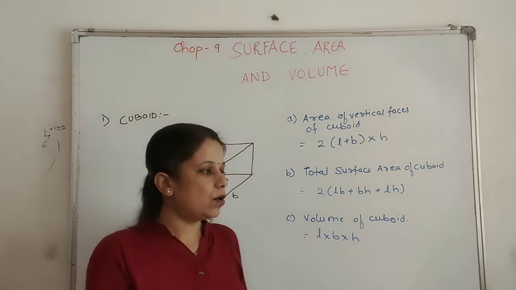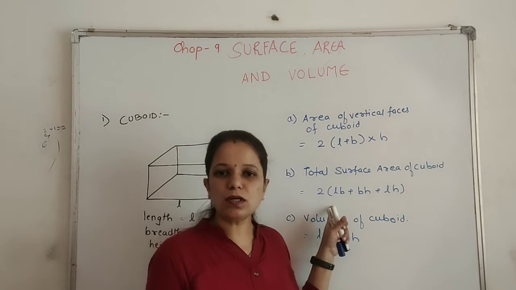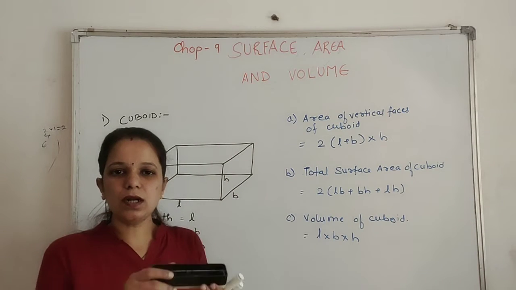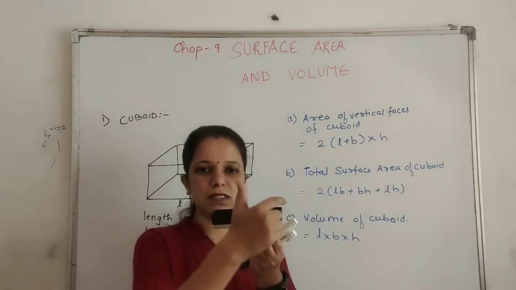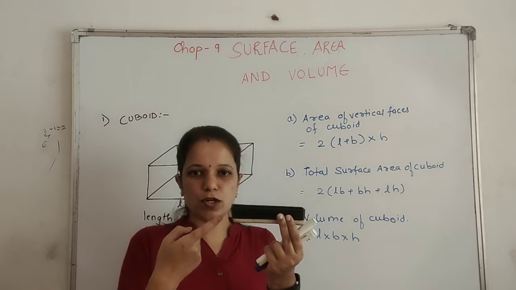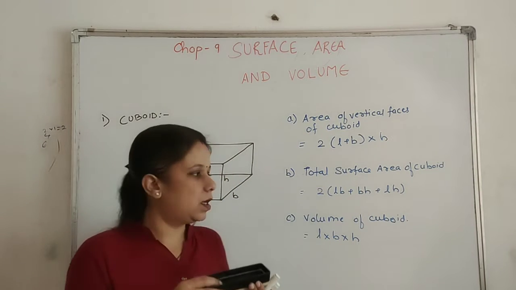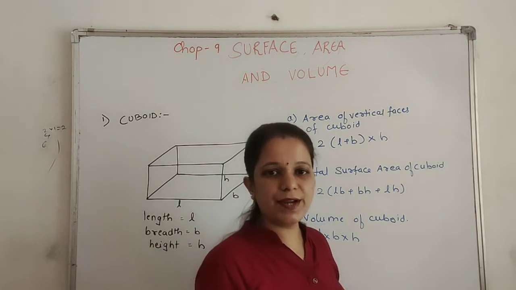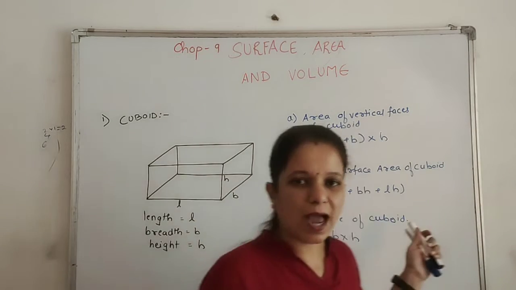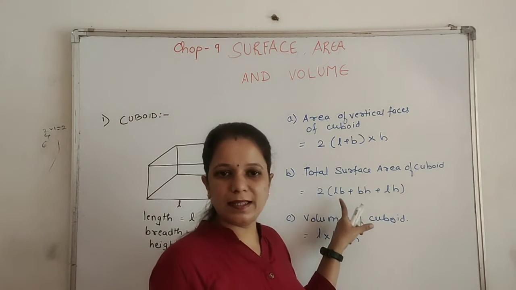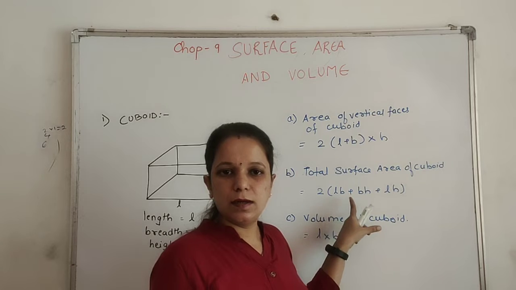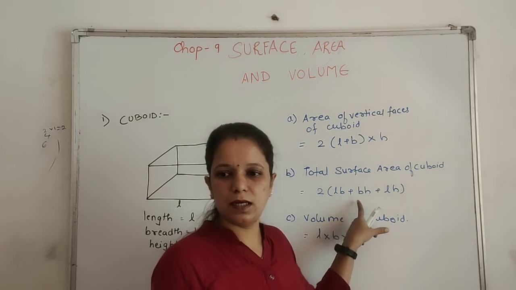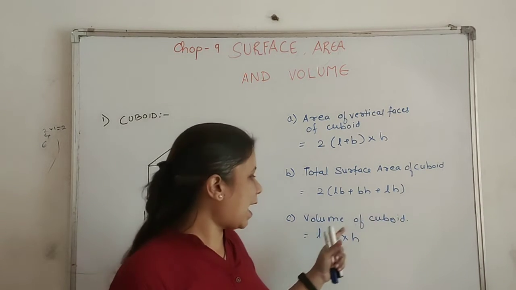Okay. Now we will see total surface area. Total we have 6 surfaces, top 1, bottom 1 and 4 vertical. So total surface area is given as 2 times (length into breadth plus breadth into height plus length into height).